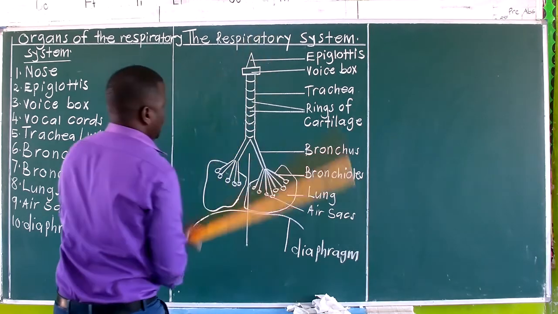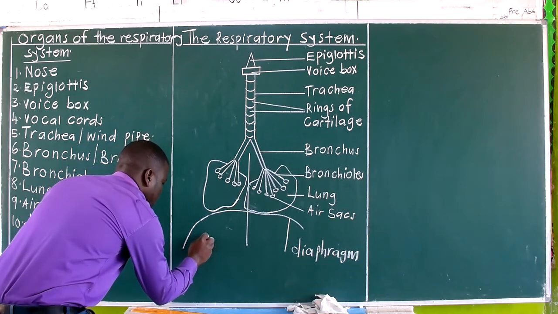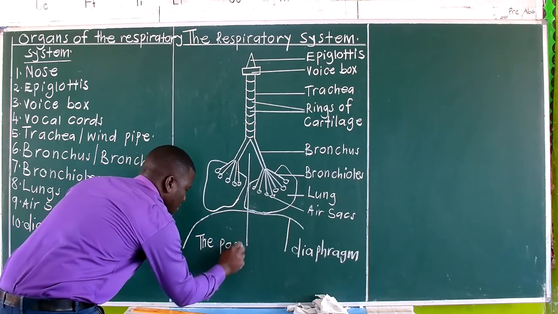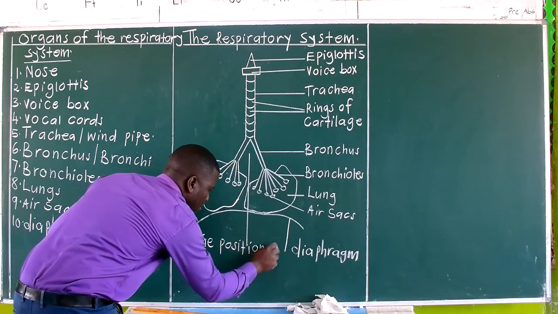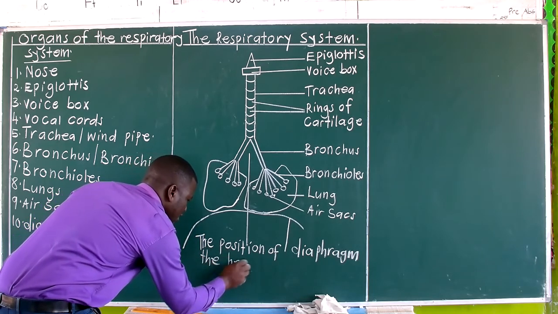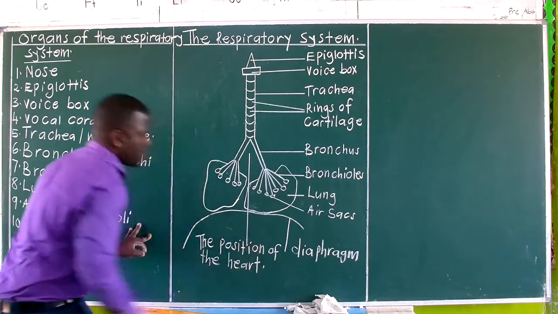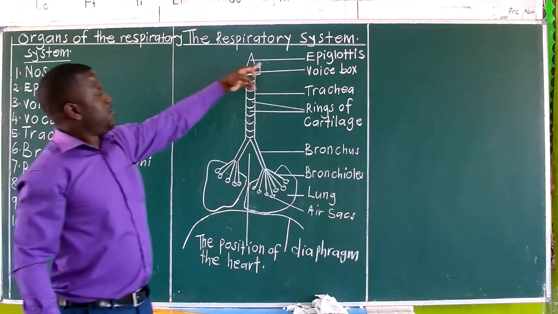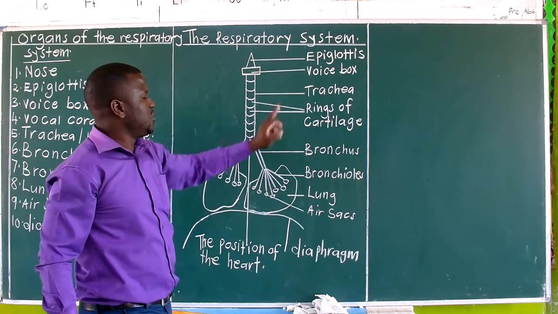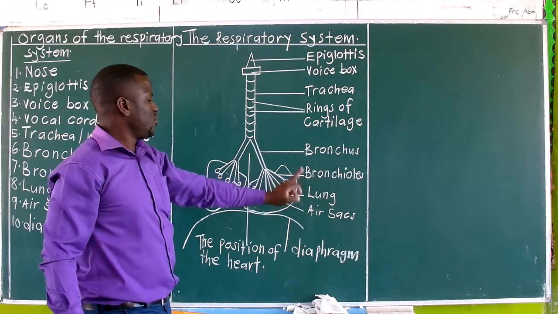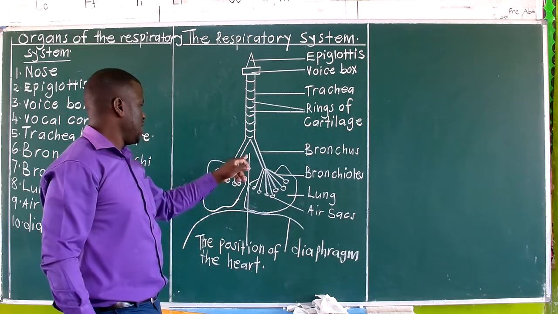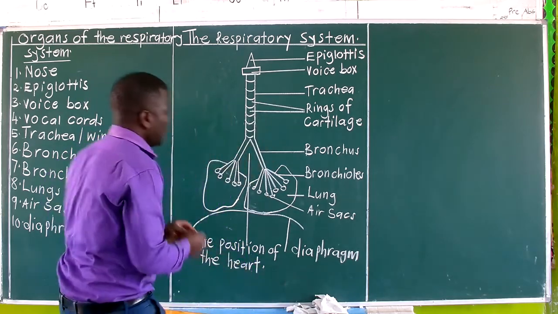That is the position of the heart. Epiglottis, voice box, trachea, rings of cartilage, bronchus, bronchioles, lung, air sacs, diaphragm, and lastly the position of the heart.